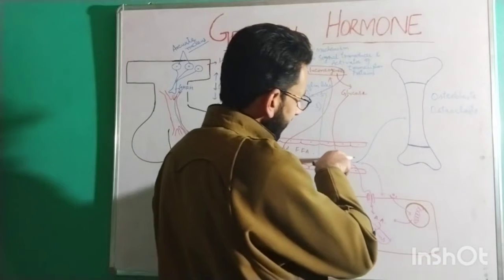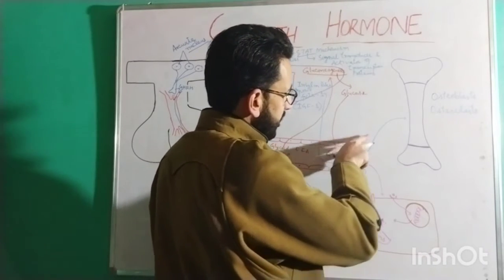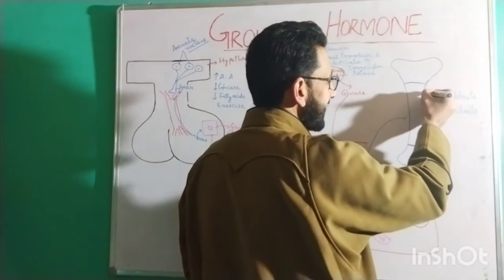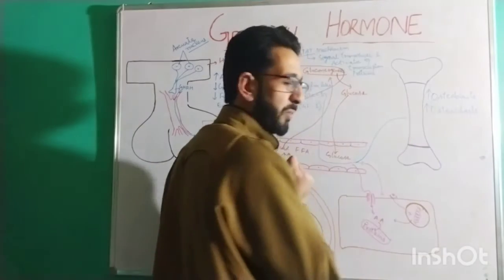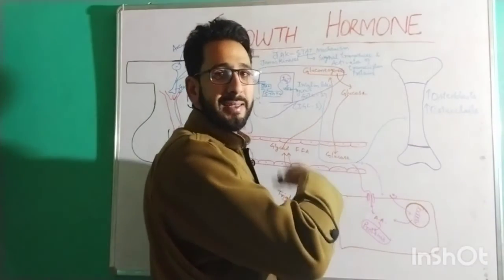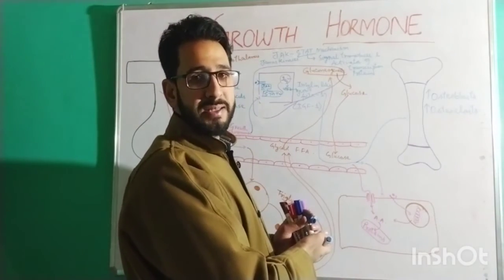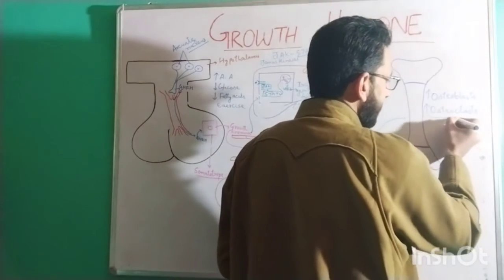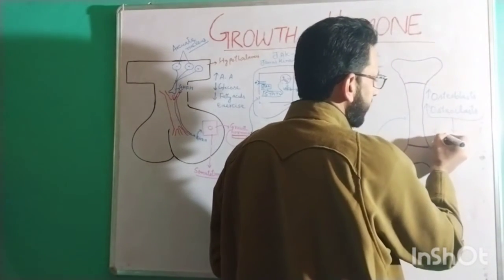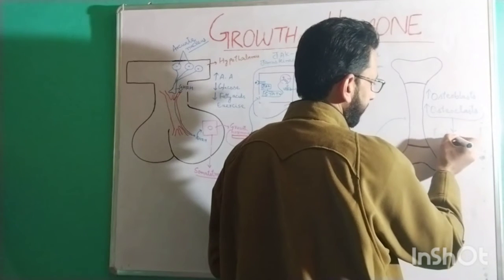So this insulin-like growth factor increases the activity of osteoblasts and osteoclasts, and once it does, it increases a process which is called endochondral ossification.